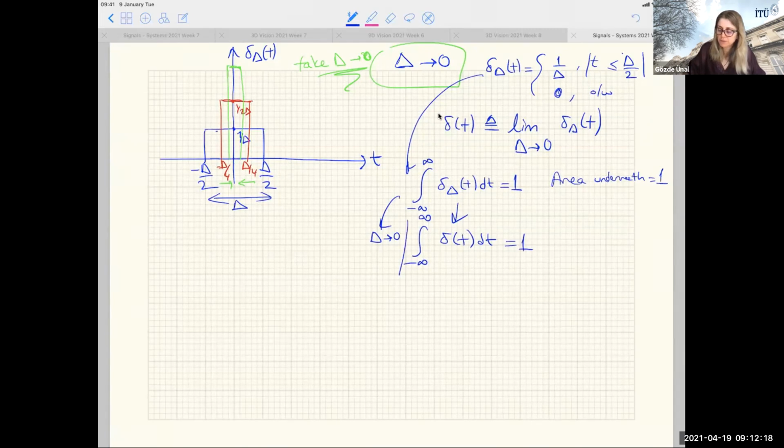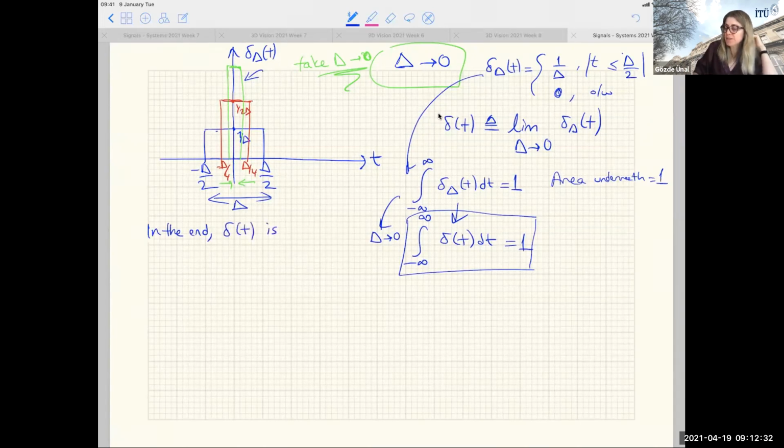This is the property we want. So we want these rectangles to keep area 1, even if they become infinitely tall. In the end, the intuition is this: delta of t is an infinite amplitude signal, but an infinitely short duration signal. So it's really an instantaneous perturbation.